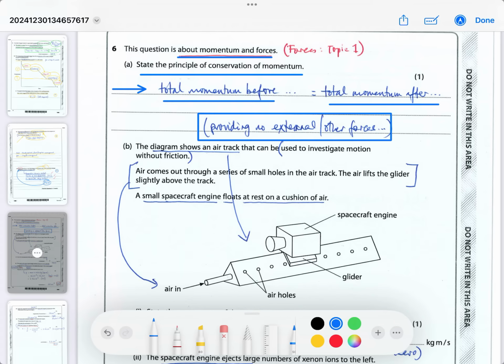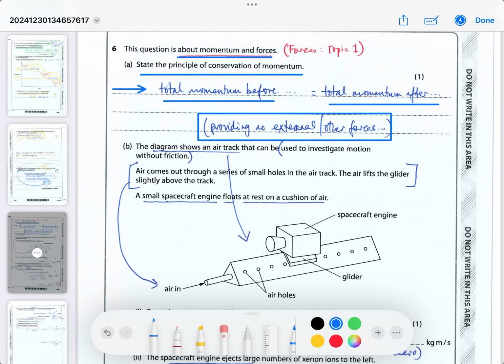But if you're doing this for A level, you'd need to explain that we're looking at situations, for example, where the friction is removed. You'll see that the momentum before is equal to the momentum after, because obviously friction is another force, and it can make it difficult for you to apply the principle of momentum. Okay, so that's the underlying principle. So this is what they want you to do, and so they want to reduce other forces.